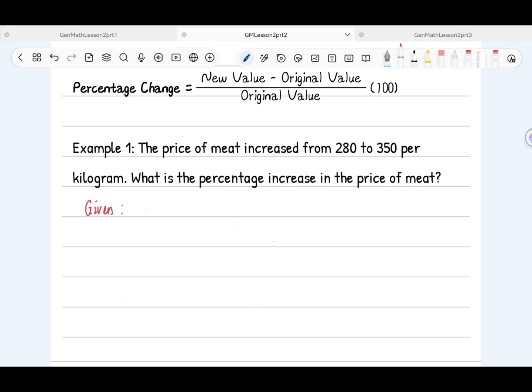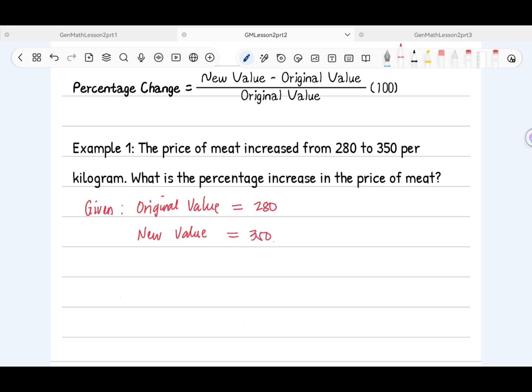So from our given, we have the original value is equal to 280. We also have the new value, which is equivalent to 350.